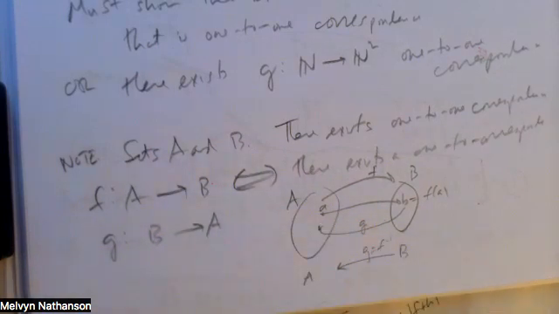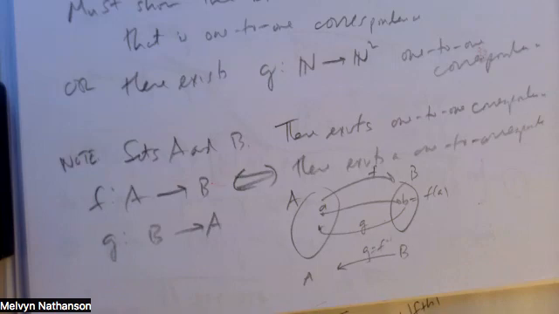A one-to-one correspondence always has an inverse. So if you have two sets and you want to show they're equivalent, that they have the same number of elements, you have to show there's a one-to-one correspondence from one of the sets to the other. It doesn't matter which is the domain and which is the codomain.